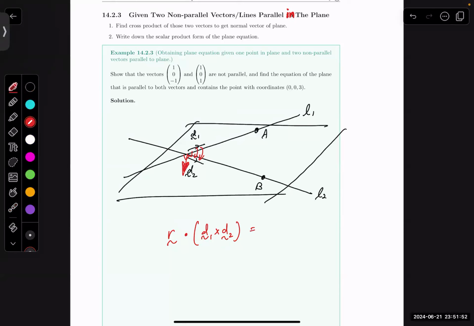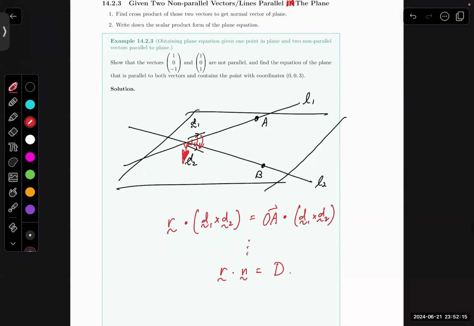This will be equals to any random point's position vector. So let's say OA, because point A lies in the plane. When you do your dot product with the same normal vector, eventually you will get R dot N equals to some number D. Okay, so this is another way you can create your plane equation.